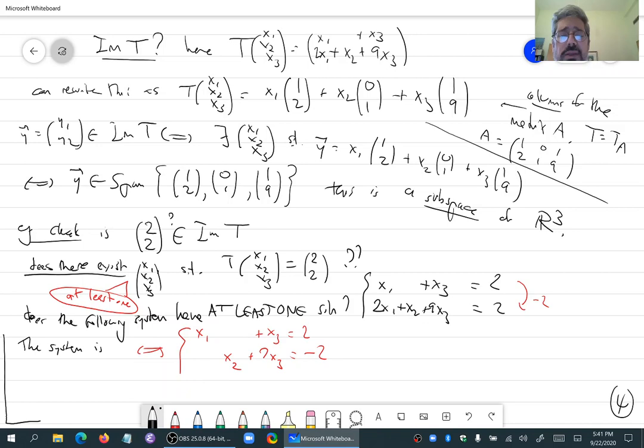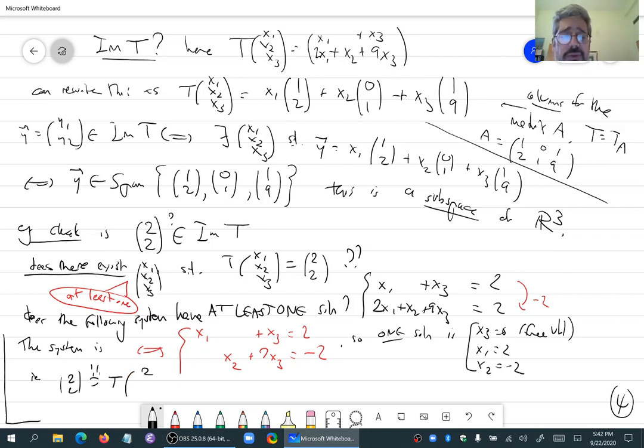Okay, so one solution is x3 equals 0, the free variable, and then x1 equals 2 and x2 equals minus 2, i.e. 2, 2 is equal to T of the vector 2, minus 2, 0, right? I emphasize the x3 is the last coordinate because it's the x3.